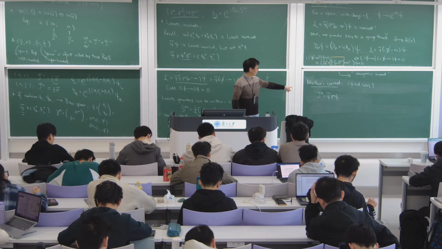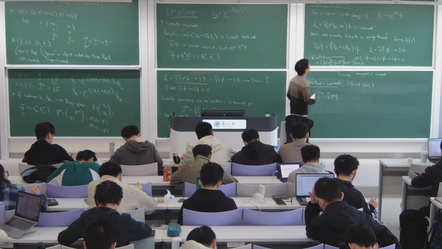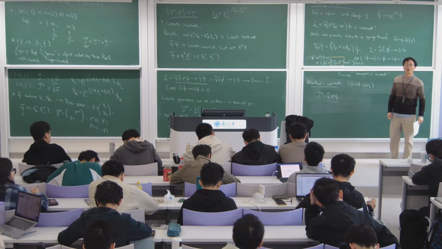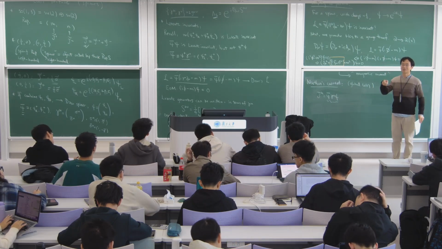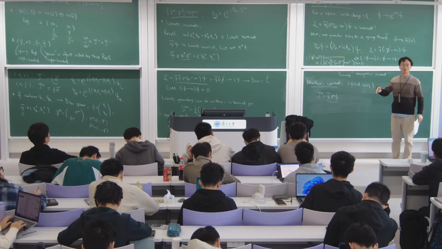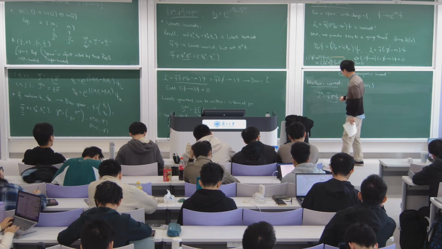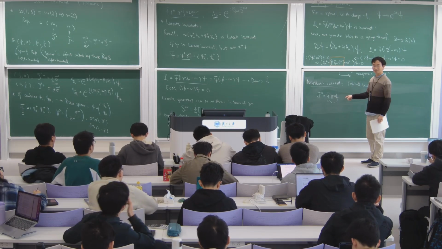This is the current. It's somehow consistent with the thing earlier. This kind of combination is a good Lorentz vector, because we know J mu is a good Lorentz vector, because J mu is the physical current. And different from the scalar case, there's no A field included in this J.